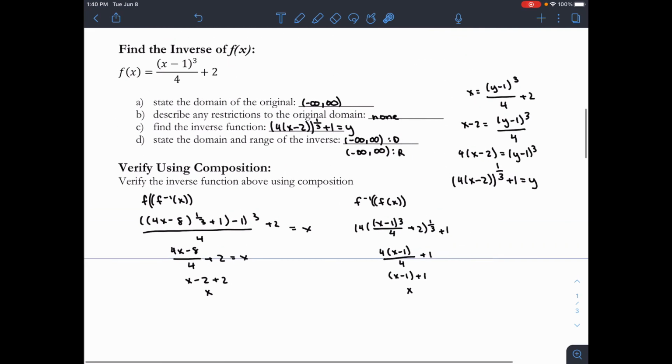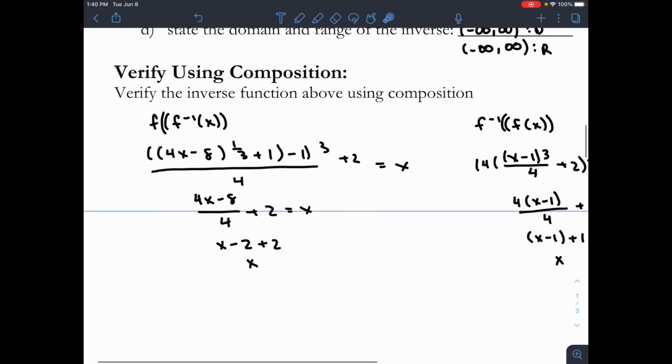So this is the original f of x, but instead of x here, we put the inverse, this whole thing, into here where x is, so 4x minus 8 to the power 1/3 plus 1, and then this is part of the actual f of x equation, and we do everything the same, so plus 2 over 4.